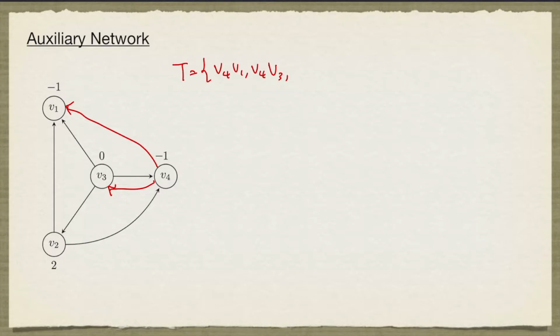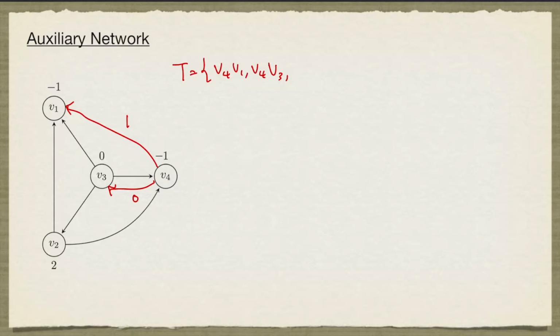And the flow value put on these arcs is given by the negative of the supply values at the nodes that they point to. So for the arc V4, V1, the flow value will be the negative of -1, which is 1. And for V4, V3, the flow value will be 0.